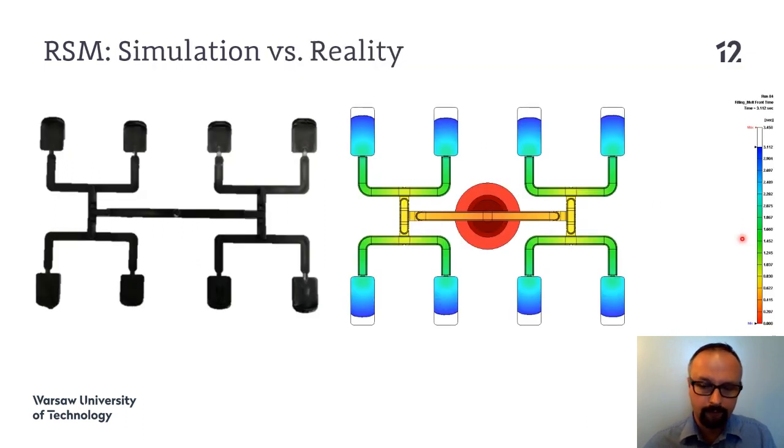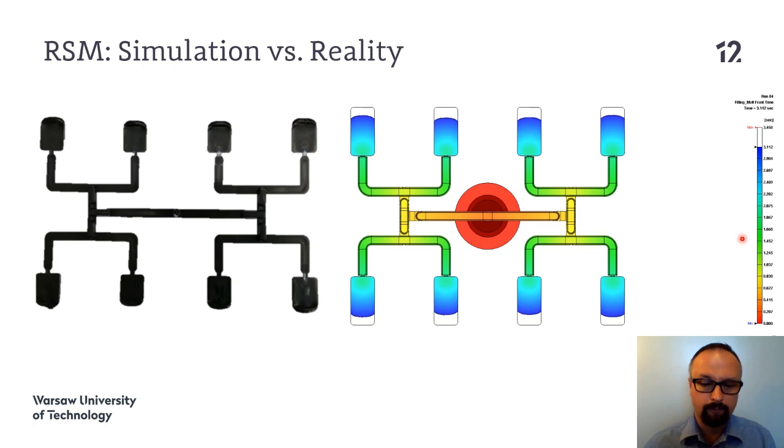And of course we made also an experiment, a molding trial, to check if our simulations are good enough, because like I said in the beginning, all of these optimization procedures were based only on the simulation results from Moldex3D.